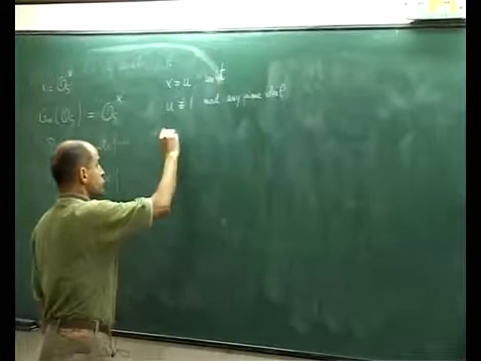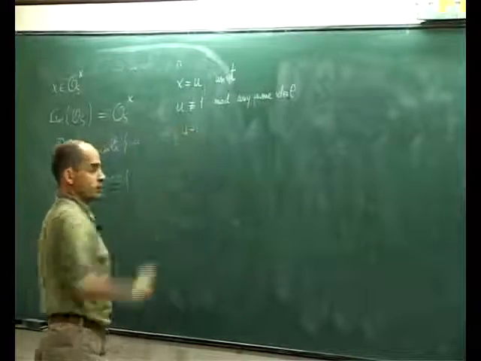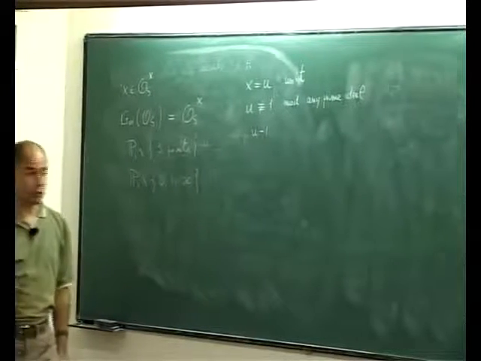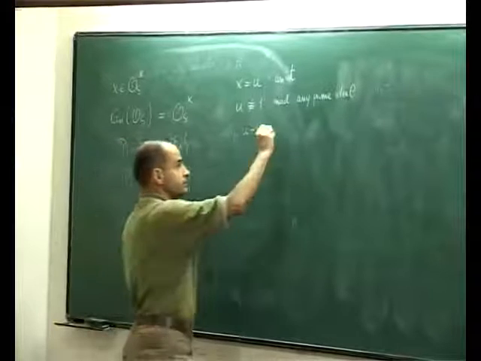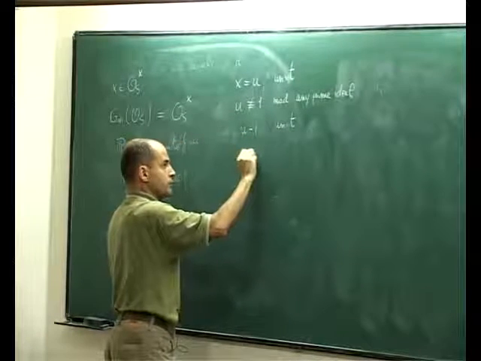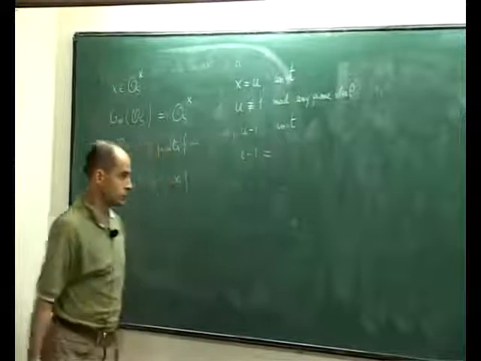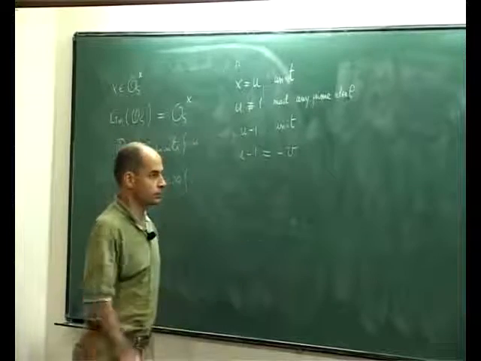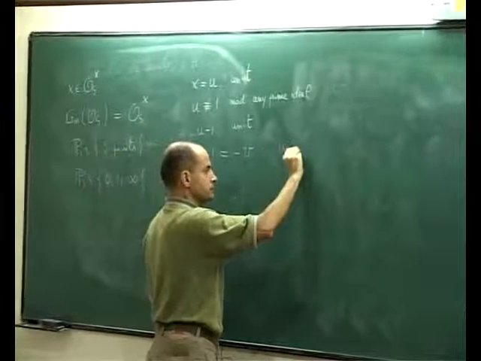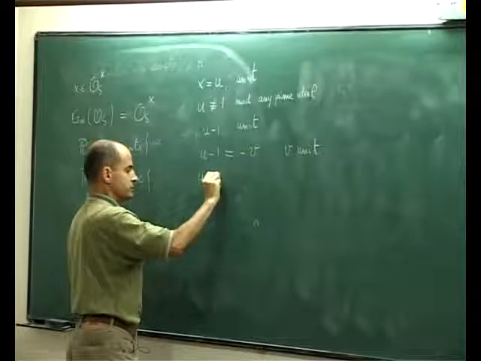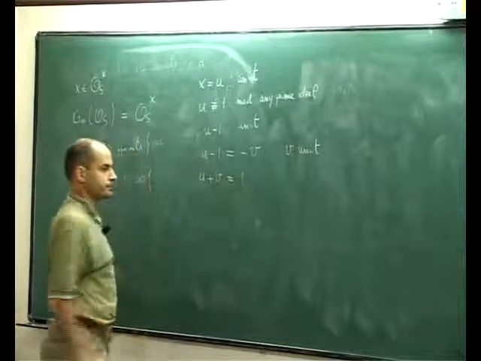Which means that u minus 1 does not belong to any prime ideal, so u minus 1 is a unit. I prefer to call it minus v, but v is a unit. And so we obtain u plus v equals 1.